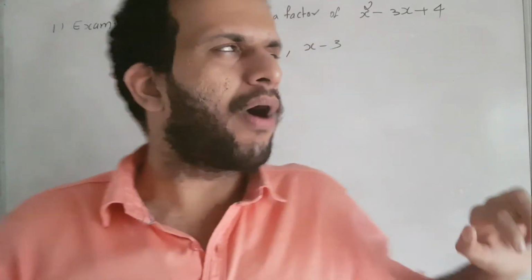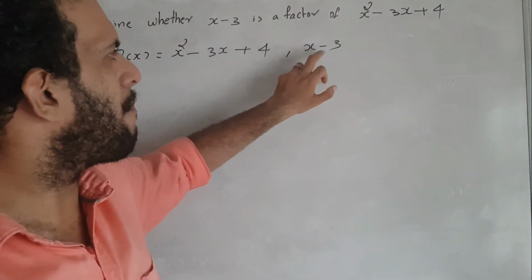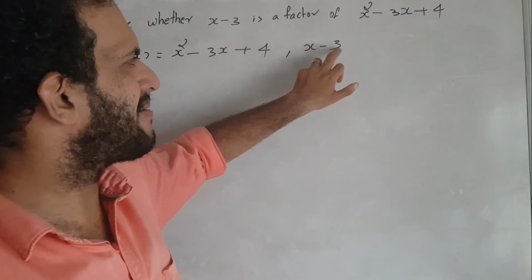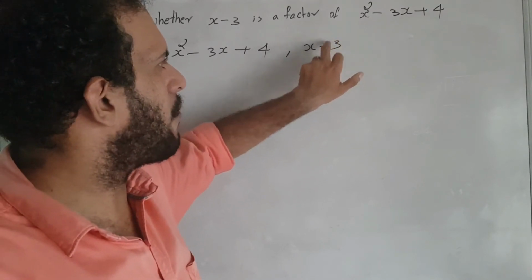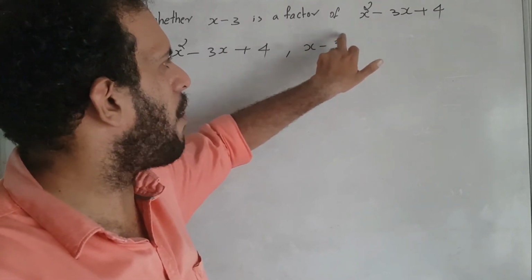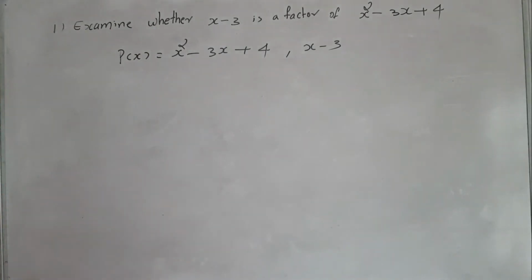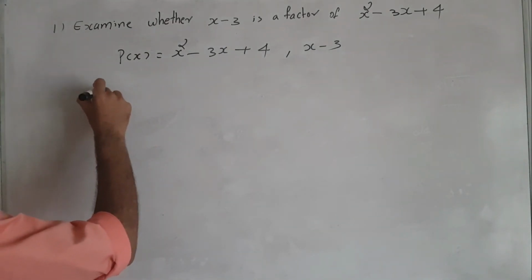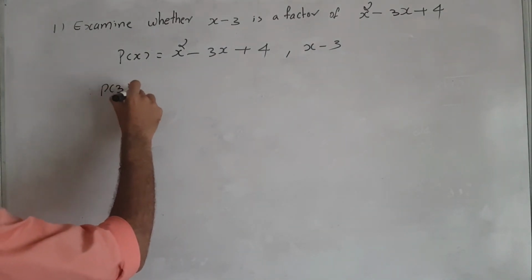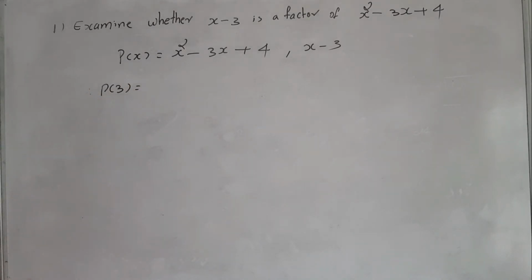Then here we divide p of x by x minus 3, correct? It's x minus 3 form, then the remainder is p of 3. So next we find directly, therefore p of 3 is equal to, p of 3 is a remainder.